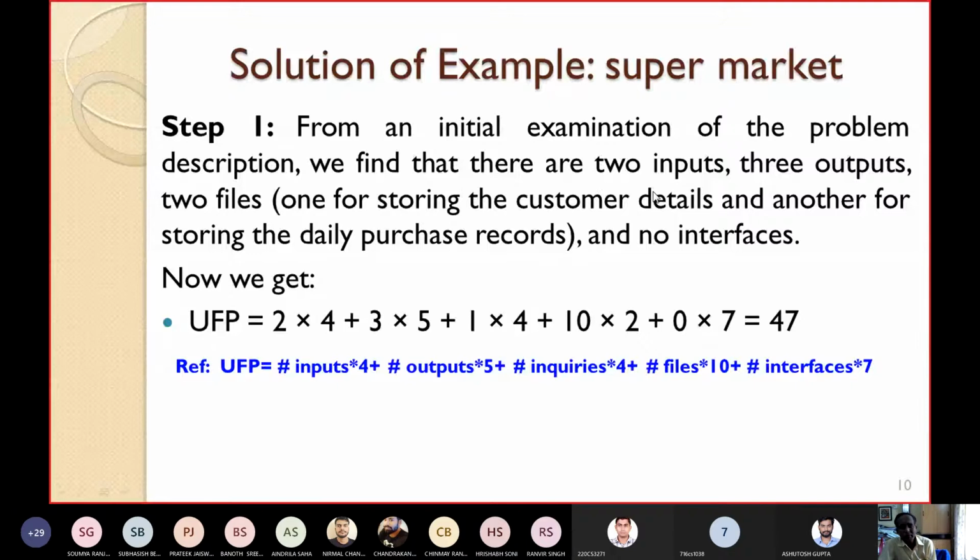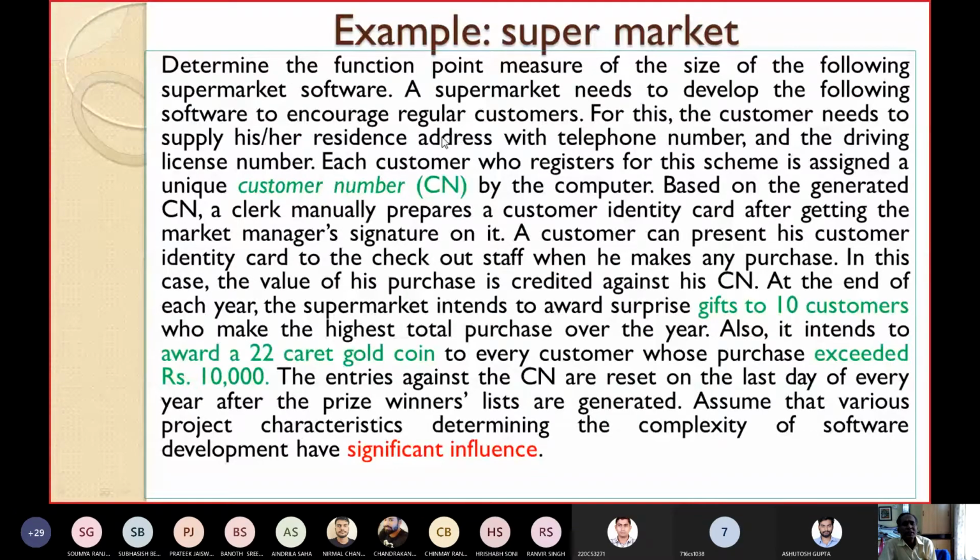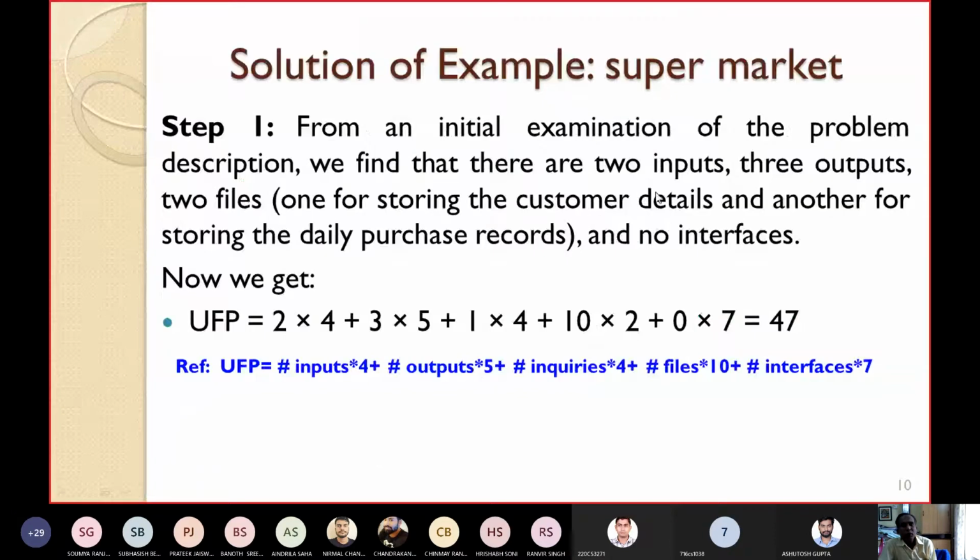You can see the customer details such as residence address and telephone number, and another is the driving license. So there are 2 inputs, 3 outputs. What are the outputs? You can see a CN will be generated and the 2 gifts.